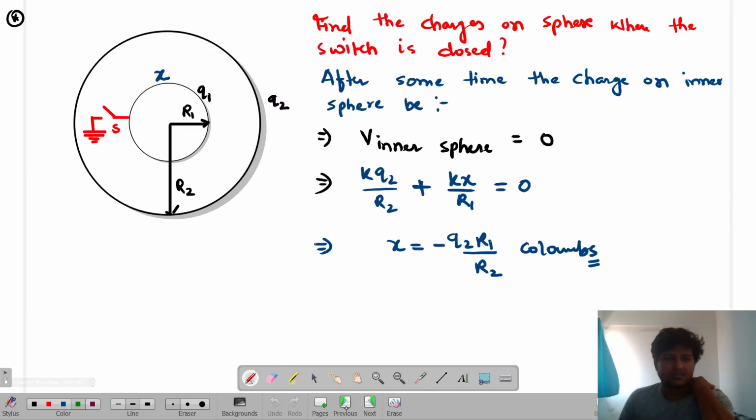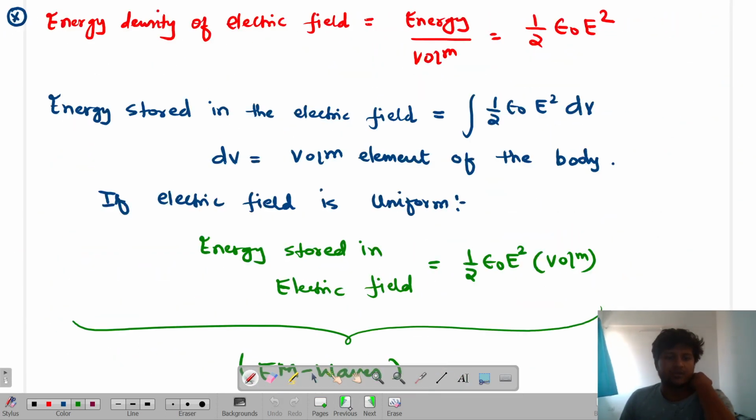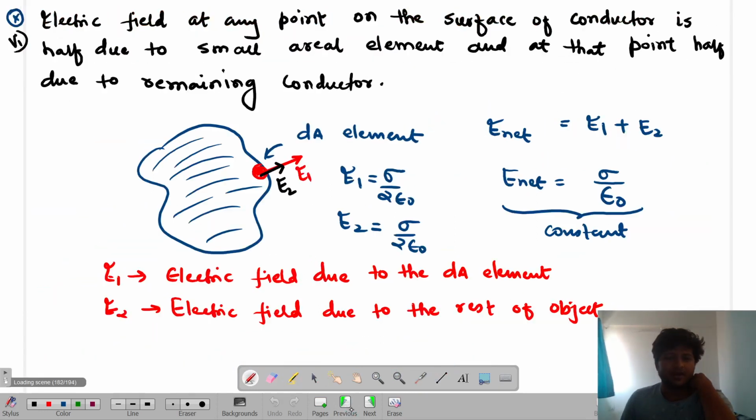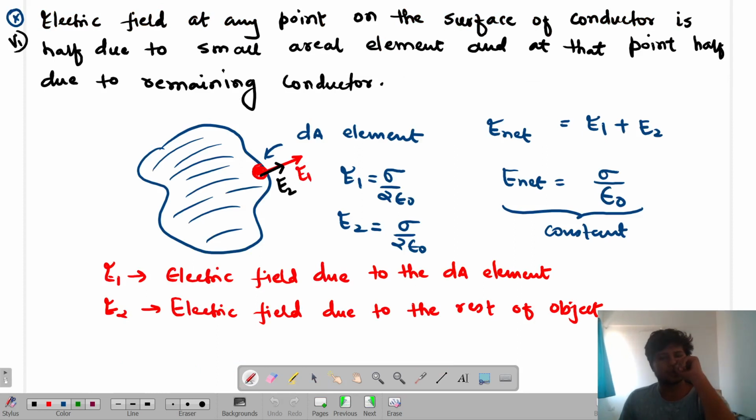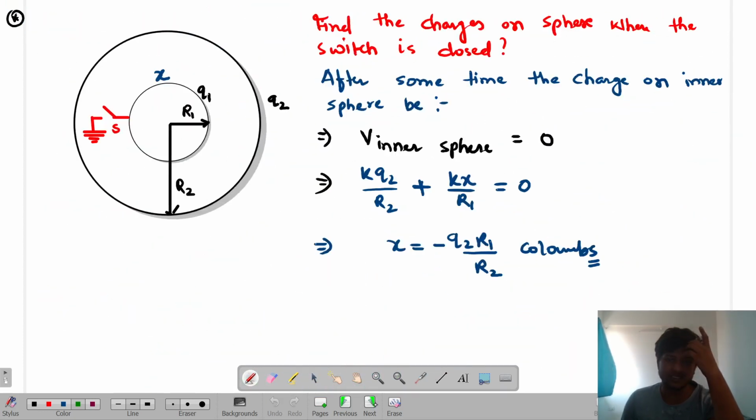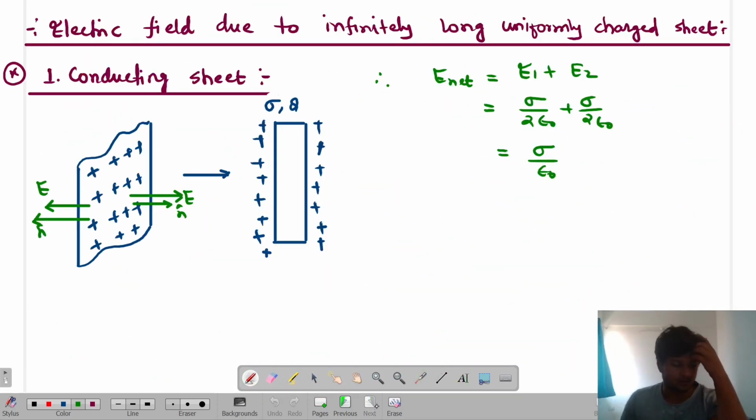In simple terms, you can understand that when we calculate for a conductor, the electric field for the conductor is always equal to sigma by epsilon naught, which is a constant number. Is that clear? Now in it, I can also write, look over here, this whole sigma is divided into two surface areas or not?